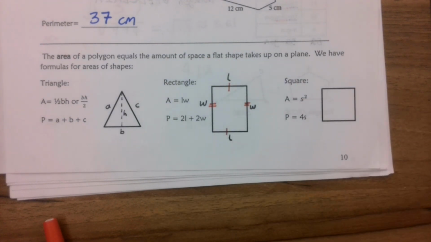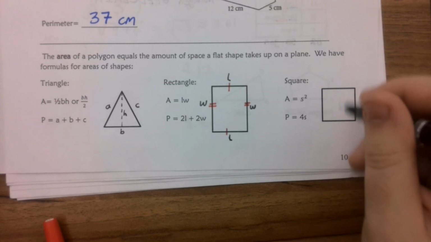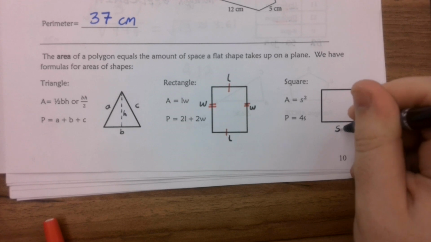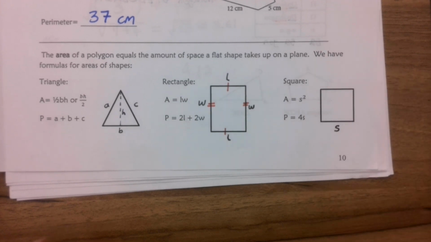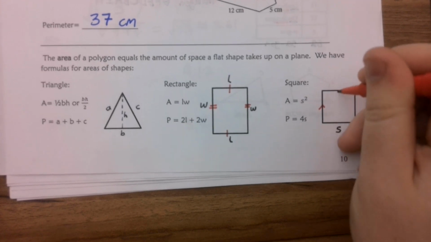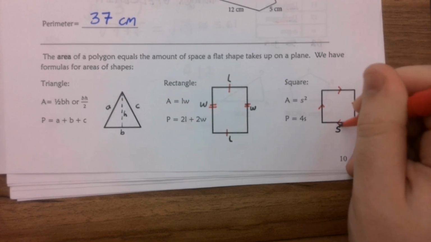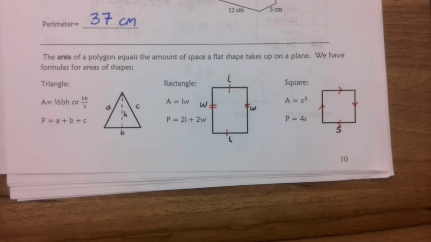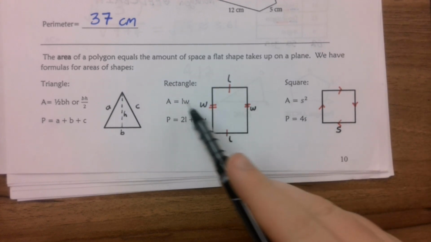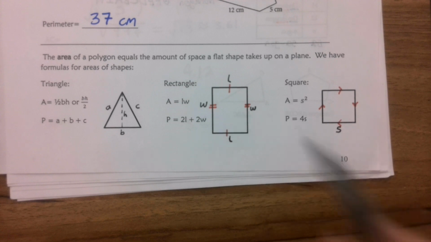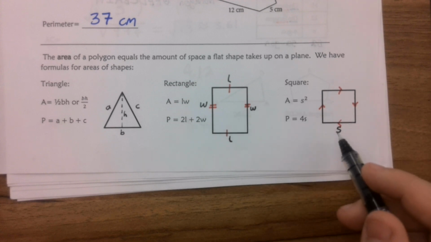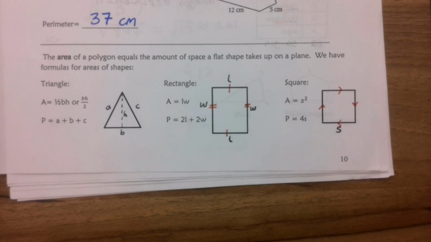For a square, it's even easier. In a square, each side length, S, is the exact same, right? So these are all congruent to each other. Every single side here is congruent to every other side. That means the area of a rectangle, where we would do length times width, gets even easier because it's just side times the second side.